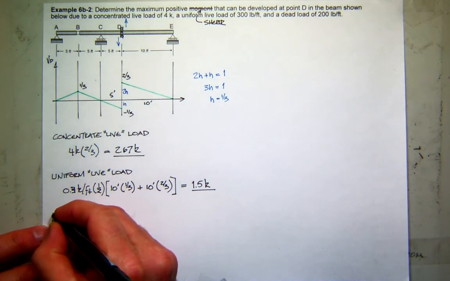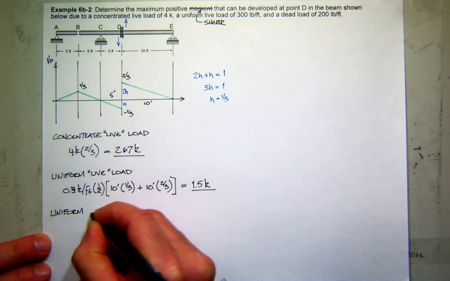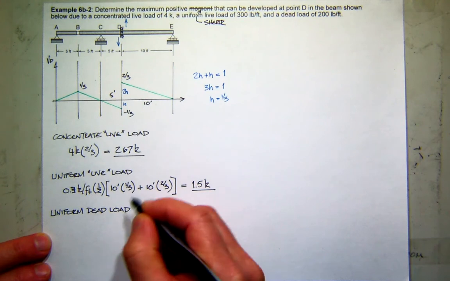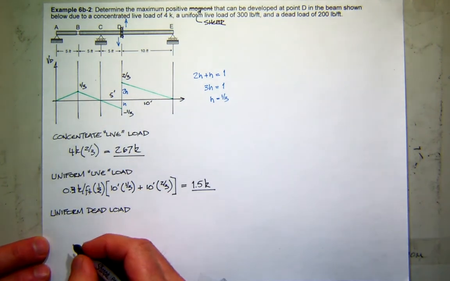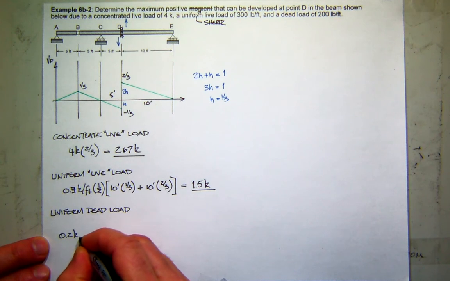So let's finish. This would be the uniform dead load. Now remember, in the dead load, we don't get a choice. It goes over the whole structure. So I have to have positive area, negative area, positive area. The dead load is 0.2 kips per foot.